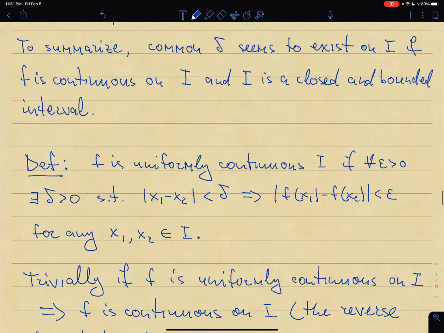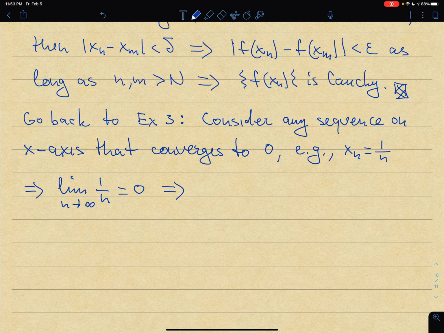Then the limit as n goes to infinity of 1 over n is equal to 0, right? And therefore, xn is a convergent sequence, and any convergent sequence of real numbers is a Cauchy sequence. So therefore, xn is Cauchy, right?